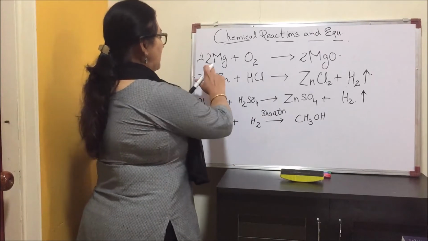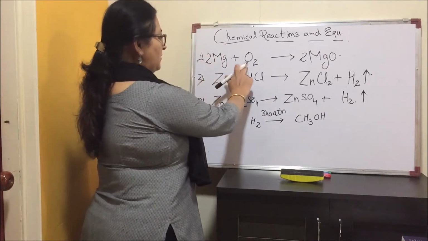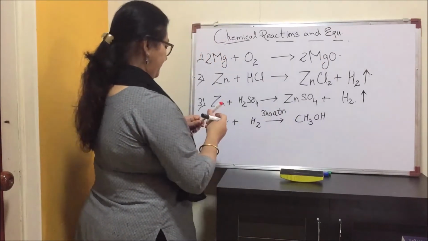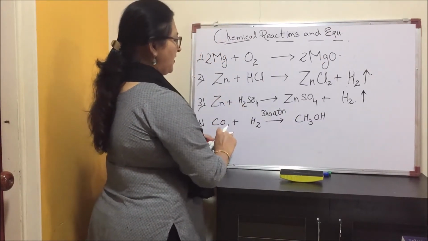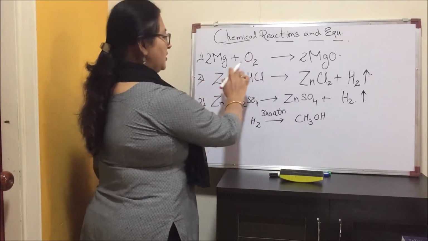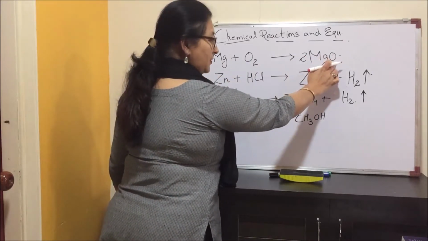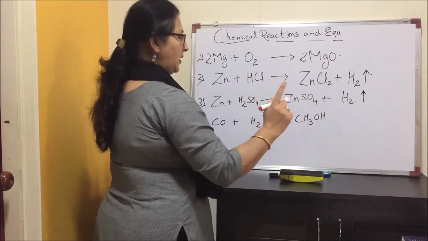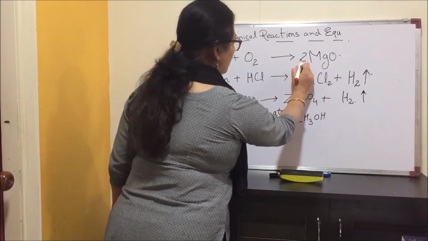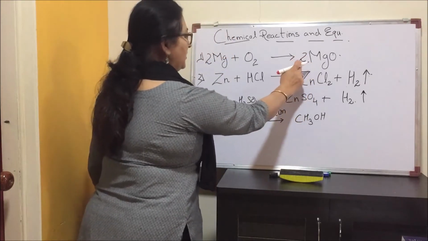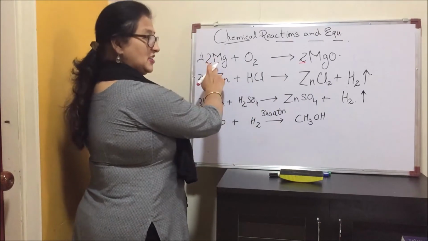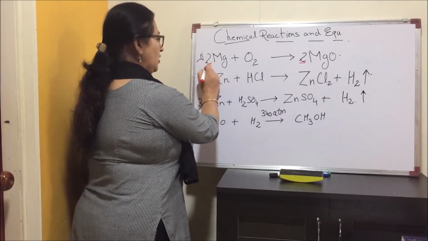Over here, initially it was magnesium plus oxygen gives MgO. Then what I did is I found that there are 2 atoms of oxygen, but there was only 1 atom of oxygen on the product side. So I made it 2, and when I wrote 2, the magnesium has become 2. But it was initially 1 over here, so I have to put 2 over here.